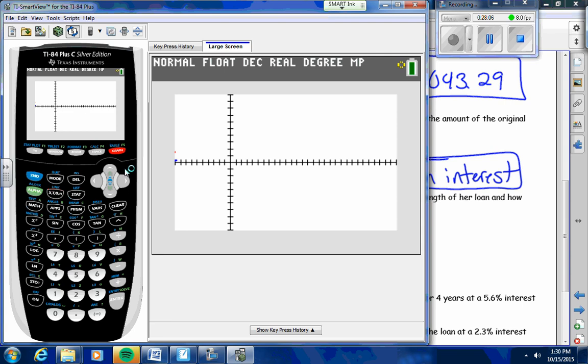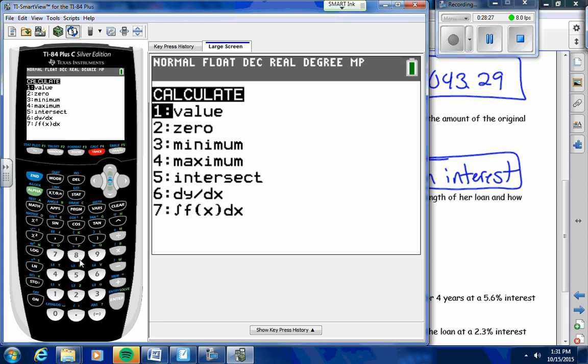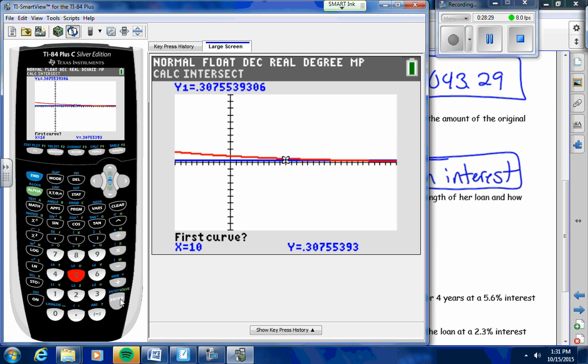Graph. Okay, so we can basically see our point of intersection. It's happening somewhere in here, correct? So, second, calculate, intersect, number 5, enter, enter, enter.